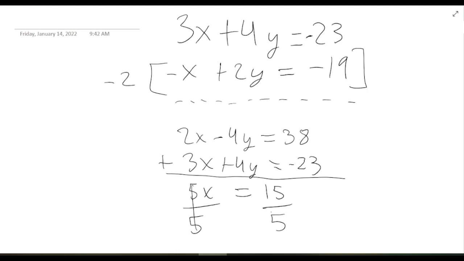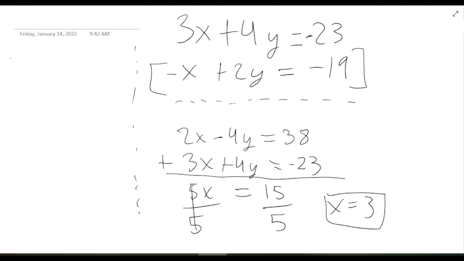So x equals 3. So now that we have one of our answers, we can plug it directly back into the equation. So let's see what we get. So let's pick the first one. Okay. So let me just erase this. Okay.